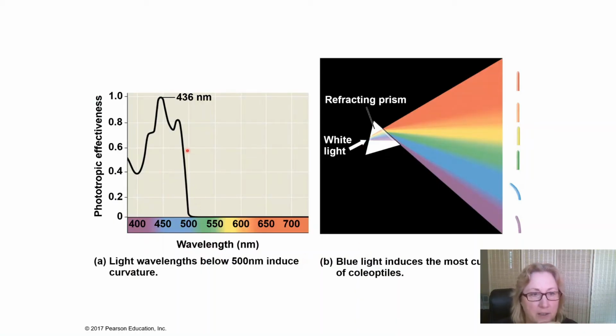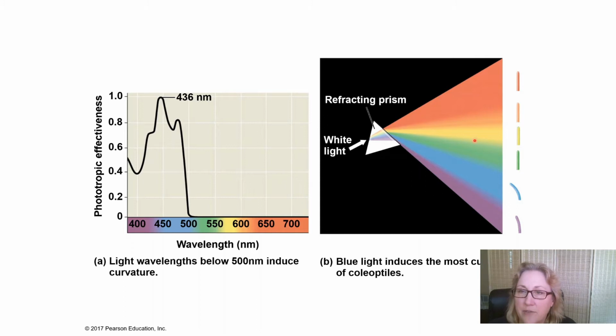So here's our action spectrum for detection of the direction of light. As I just showed you, when you break out light, you have the low energy red to the highest energy, which is violet, and it's the blue light that triggers the most bending of the stems. These are supposed to be our little grass stems again that are responding to light.